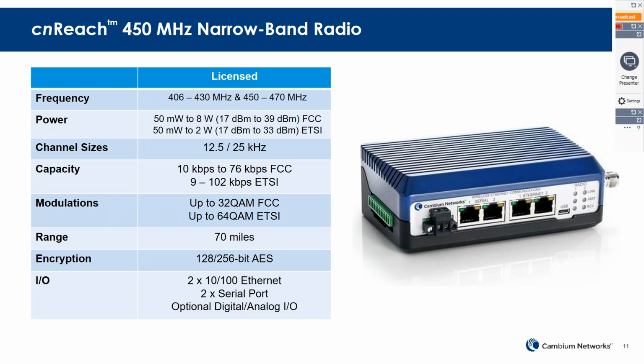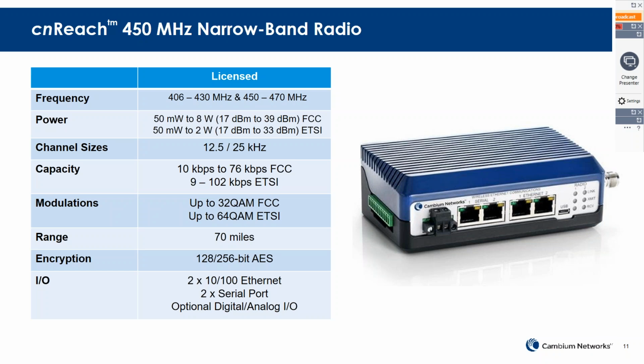And the channel size can be 12.5 to 25 kilohertz. In terms of capacity, given the channel size, it's low capacity, but it's up to 102 kilobits per second for ETSI and 76 kilobits per second for FCC. And we support up to 64 QAM modulation mode. The range is 17 miles.